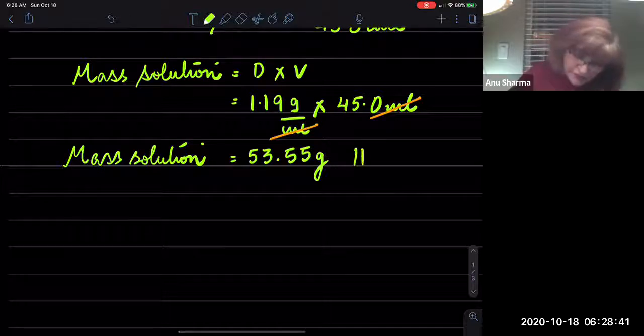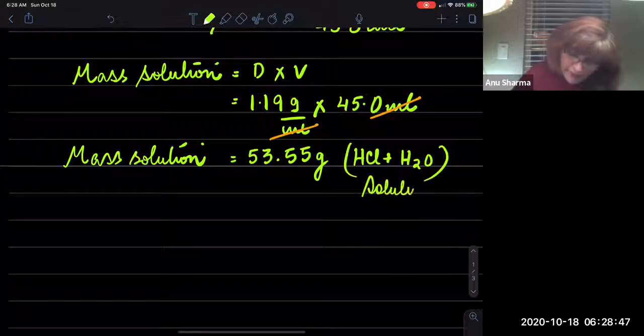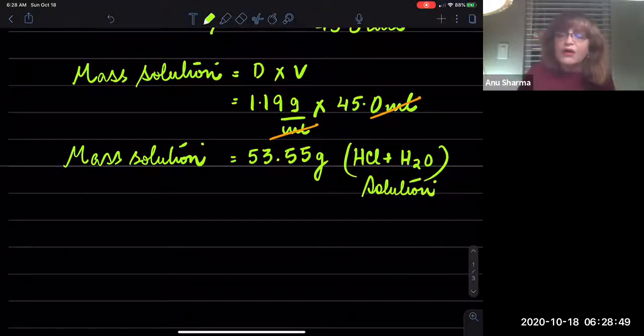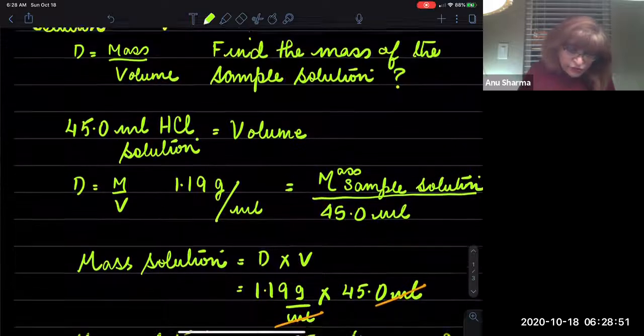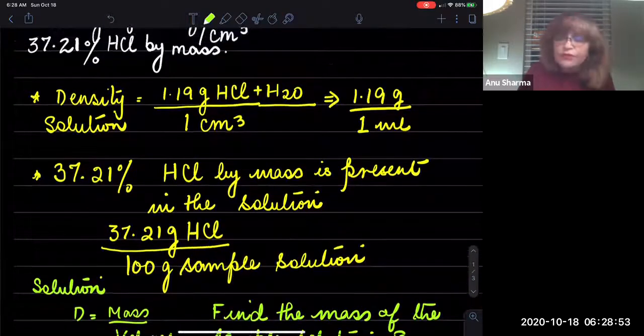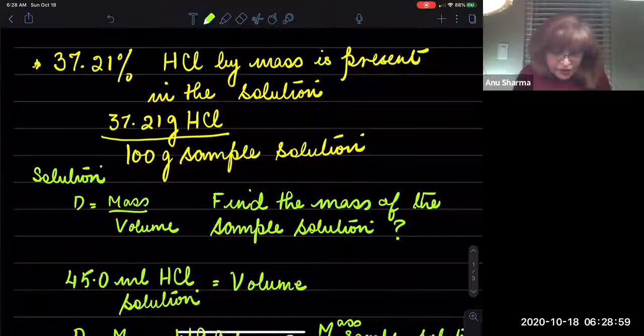Now that is a solution of HCl and water. So that's the HCl plus water solution. Now we're going to take this amount and we are going to say that 37.21%, that is the HCl by mass, is present in the solution. So if you had 100 gram sample, then 37.21 grams would be the HCl.